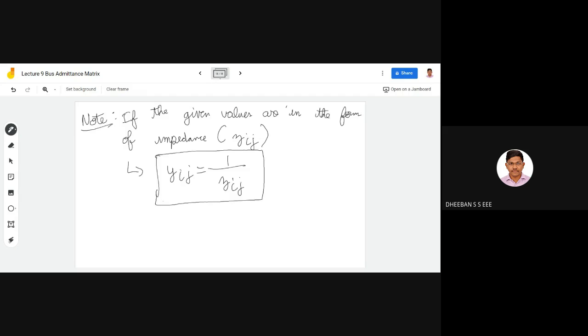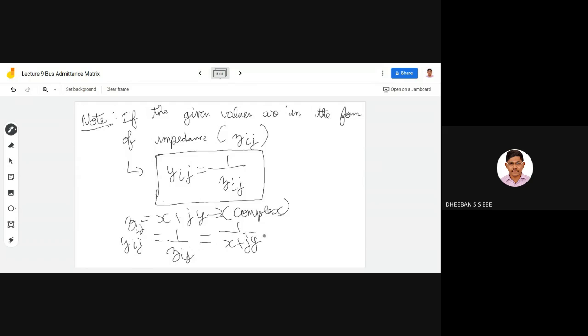And hence, if they are giving Z equal to x plus jy, it is a complex term. Then Yij will be equal to 1 by Zij, so it will be equal to 1 by (x plus j into y).